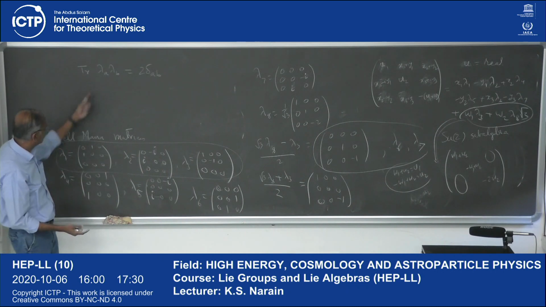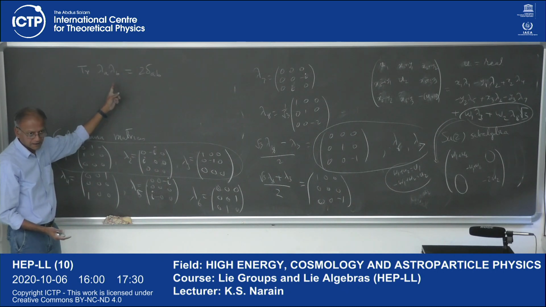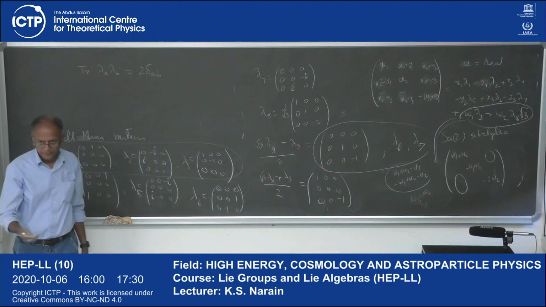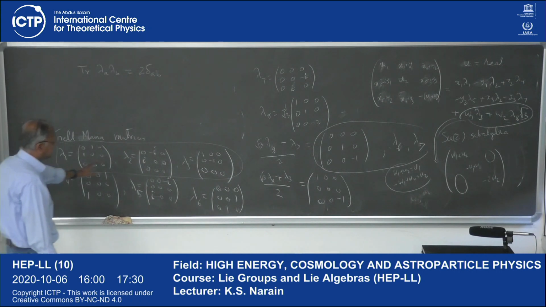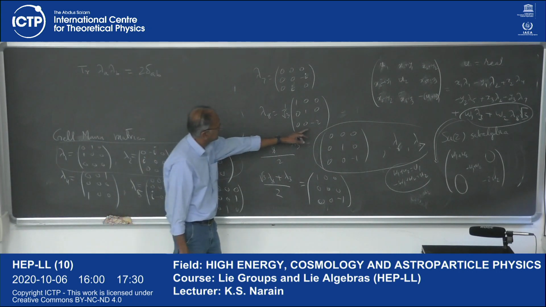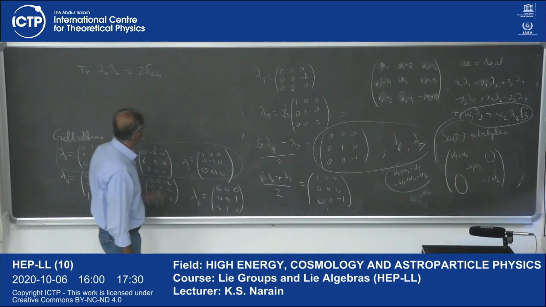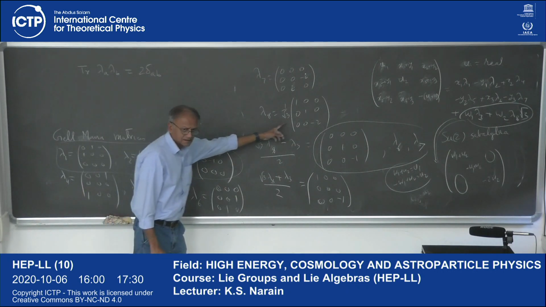So for that, you can easily verify that this is the case. Trace of sigma A sigma B is 2 times delta AB. So the rest of it will automatically satisfy. It's just this one which was a little problematic, that is why there's a root 3.